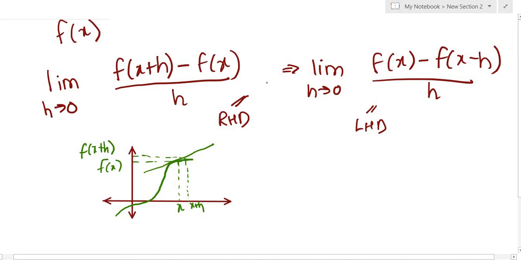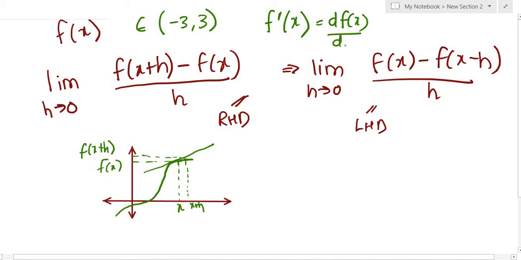And please note, say your function's domain is minus 3 to 3, just as an example. Then the derivative, and please note the symbol of the derivative, f dash, or you can just write this as df of x over dx. You don't need to specify the point because it's x, any point.